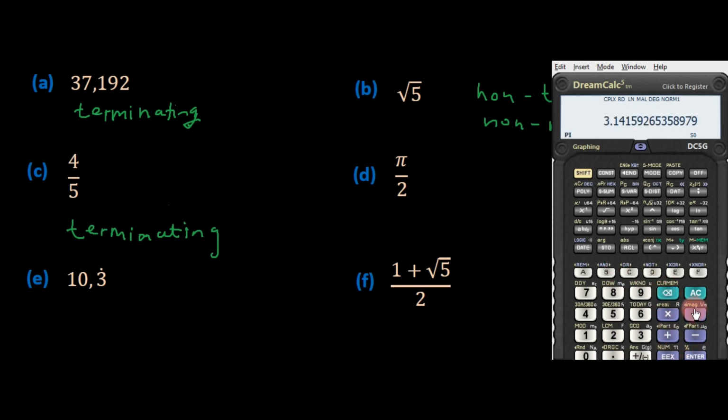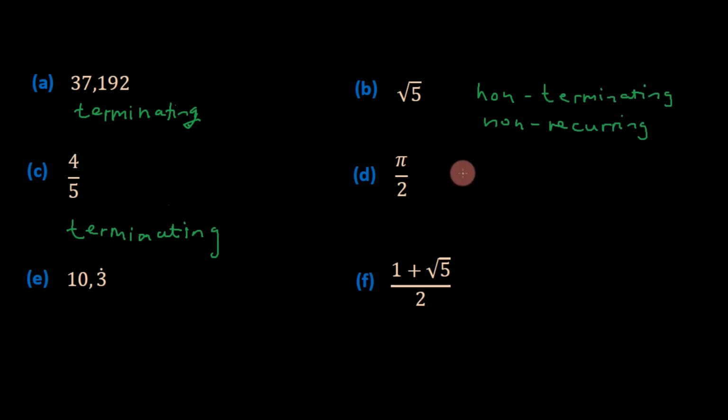So pi divided by 2 is clearly non-terminating and non-recurring. Non-terminating, doesn't end, and also non-recurring.